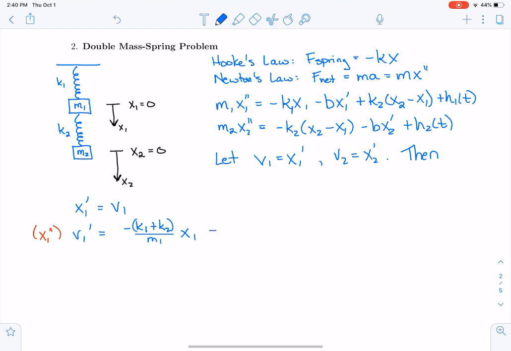And then minus b1 over m1 times, again, x1 prime, or what we will call v1. And then we can also have a k2 over m1 times x2. And then nothing depends on x2 prime, so we'll finally just have h1 of t over m1.